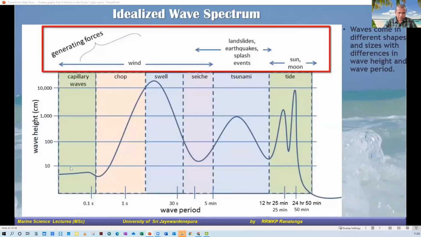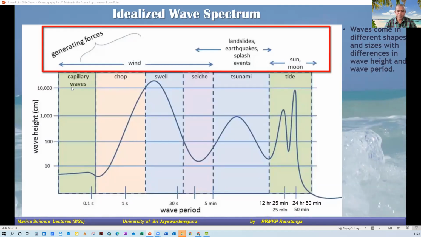Now, in the next graphic, you will see different types of waves. So far, we have talked about waves, but there are different types of waves. If you put everything into a single diagram, this is how it would look. Capillary waves are the initial waves that you will see, like I mentioned earlier, small ripples on the surface because of the wind.